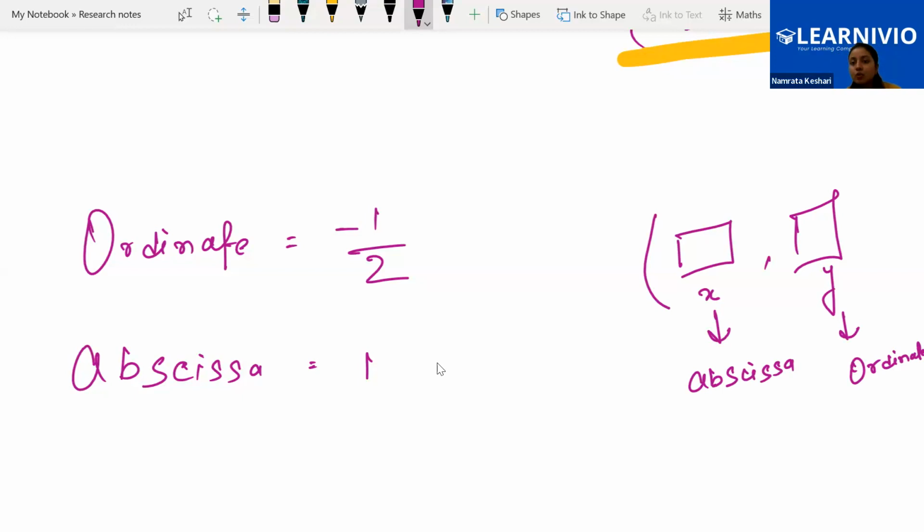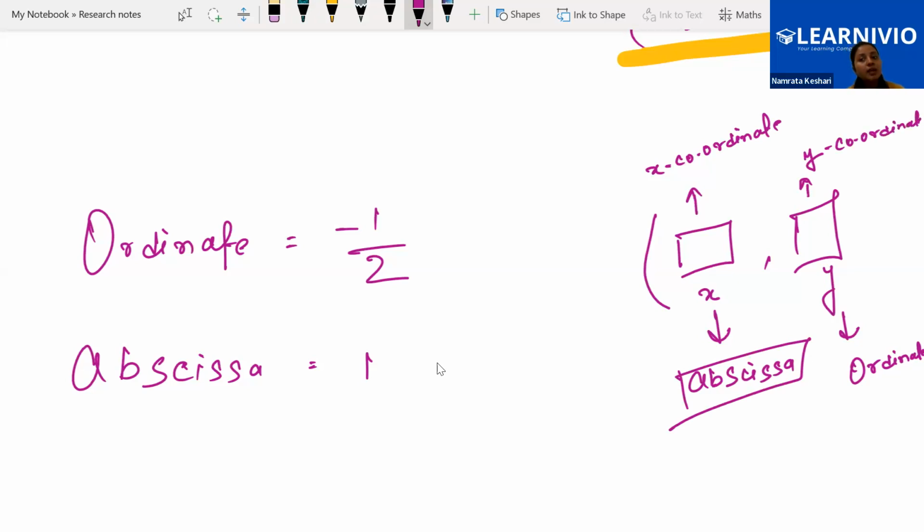Similarly, the x coordinate has one more name, and that name is abscissa. And the y coordinate has one more name, and that name is ordinate. So if the ordinate is -1/2, it must sit at the y place.